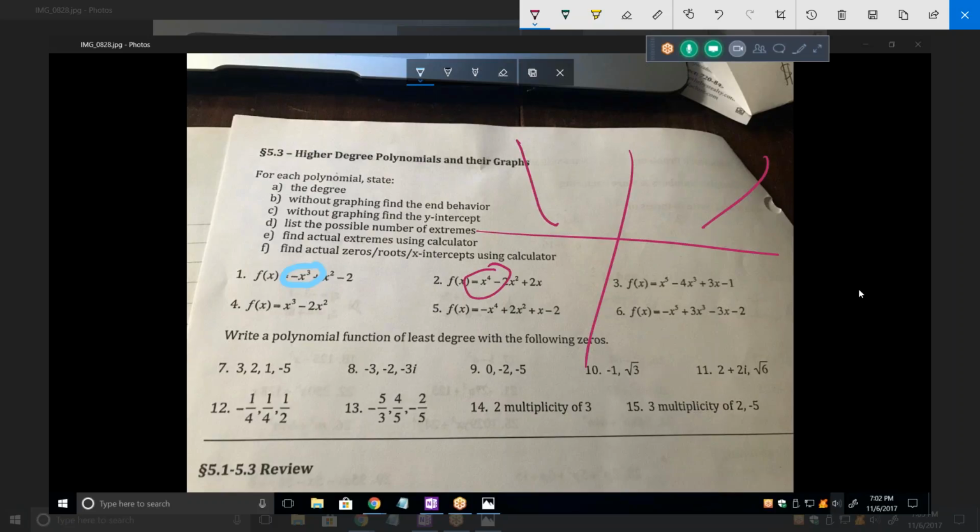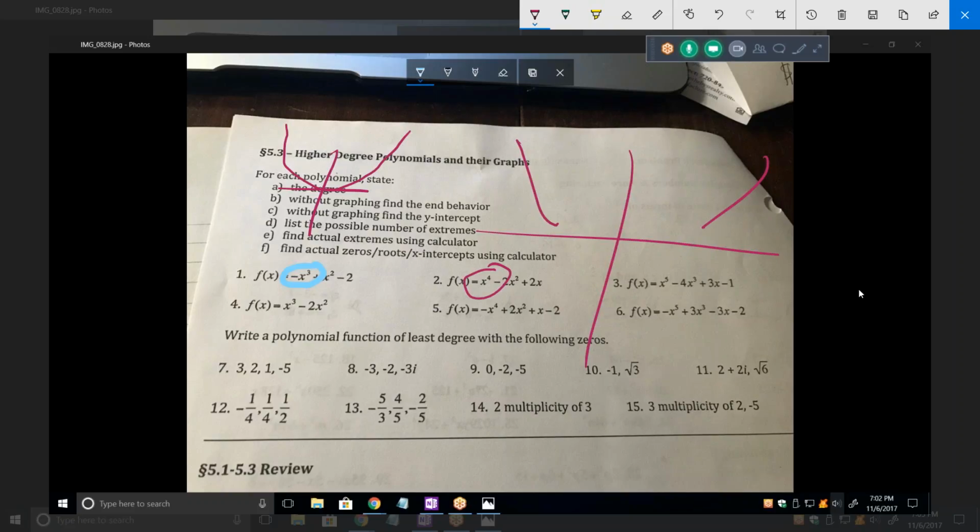Also, notice that quadratics do the same thing. A quadratic comes down from infinity and goes back up to positive infinity. That's because it's an even power.